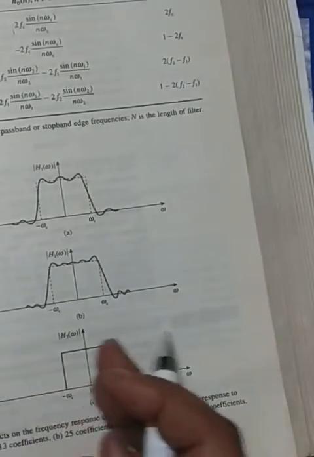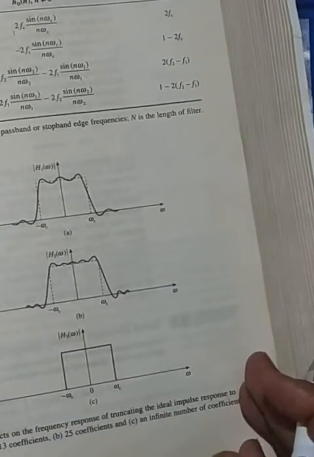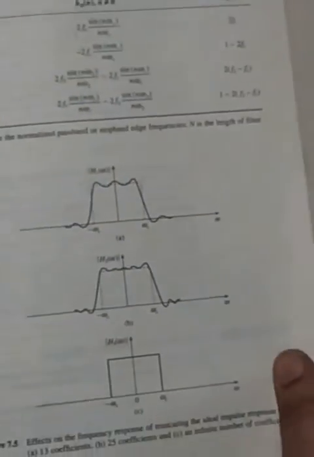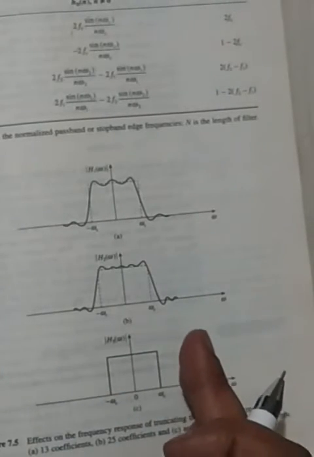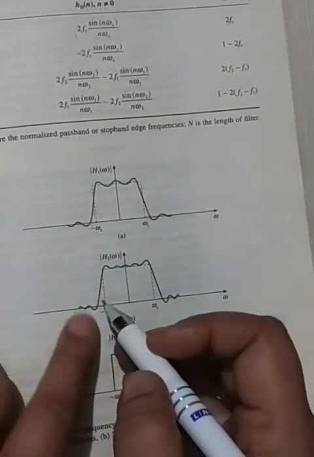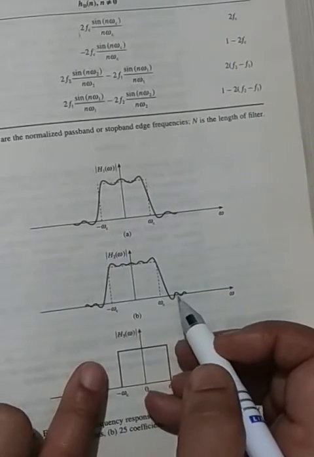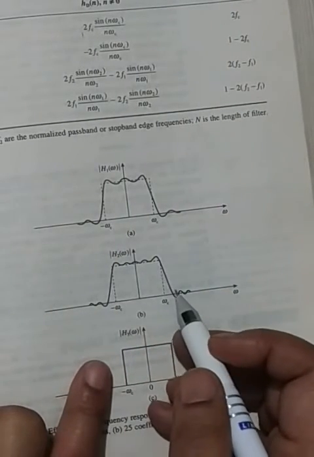And when you include all the impulse response, means when you take a window of infinite duration, in that case you will get the ideal response. So if you are omitting coefficients, you see the ripples in both pass band and stop band.